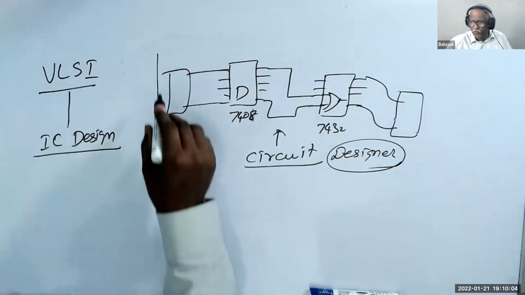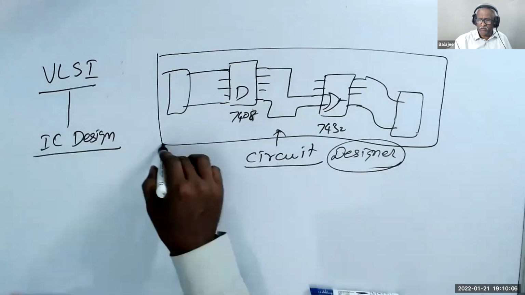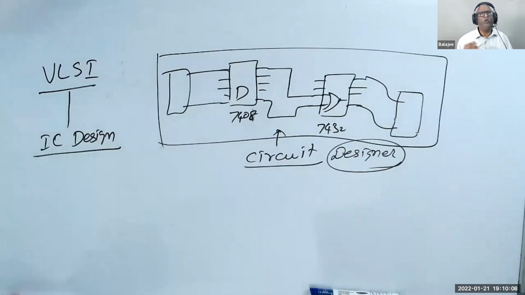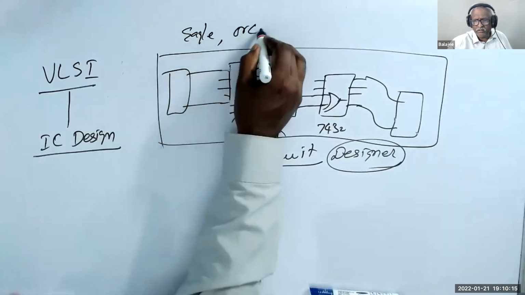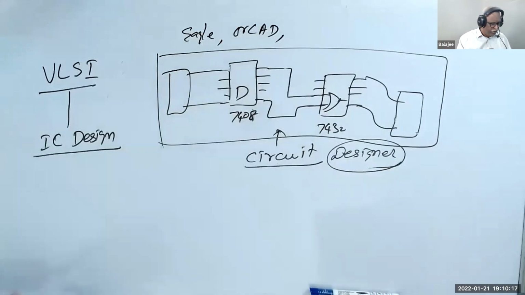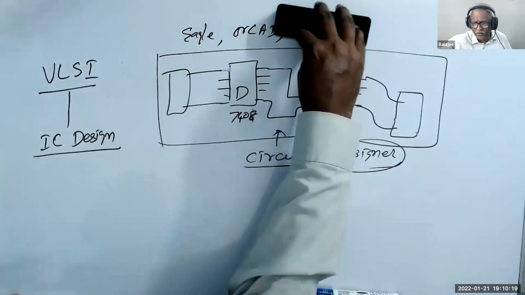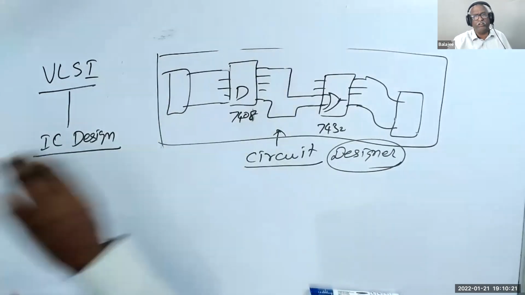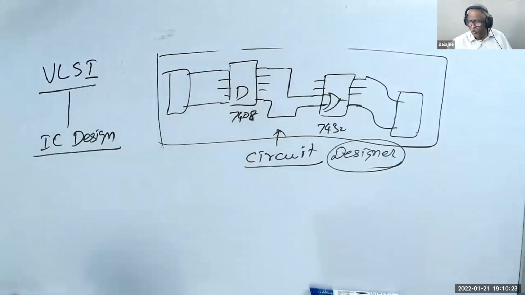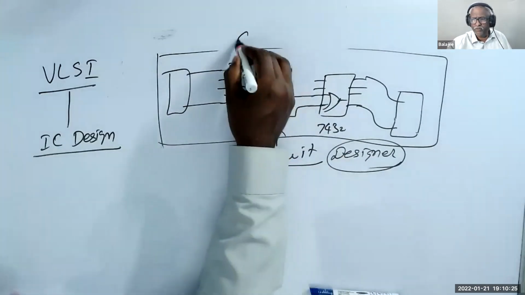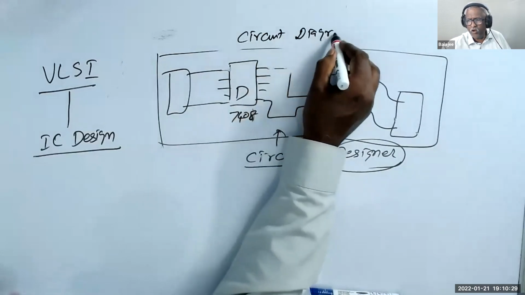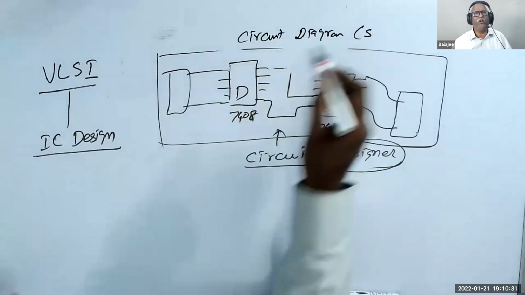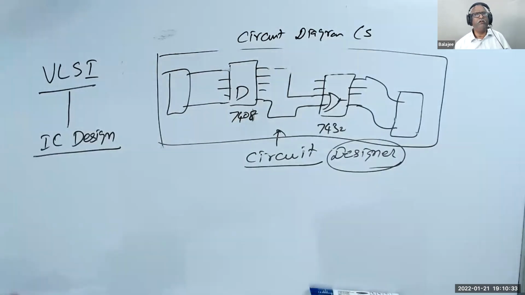There is software available, called Eagle or CAD. There are so many CAD software packages available. We use the software and they draw the circuit diagram. This is called a circuit diagram, or schematic.